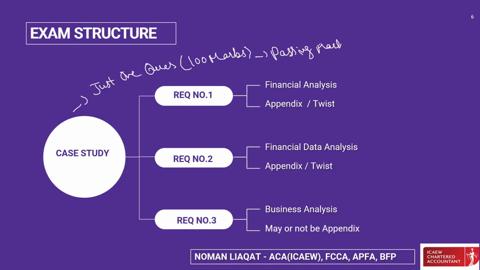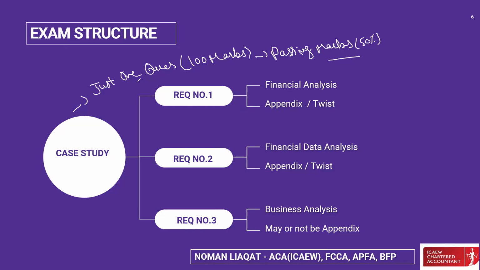You could be surprised because in other exams of ICAEW, we have a different structure. But in the case study, we have just one question, and that question is of 100 marks. But passing marks are 50.